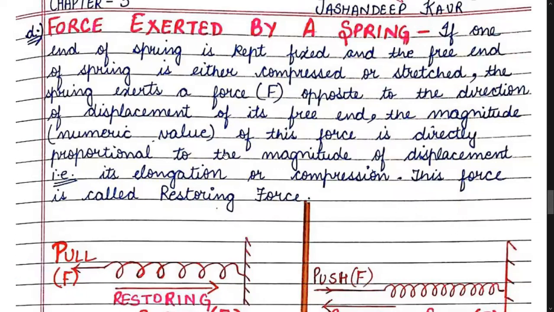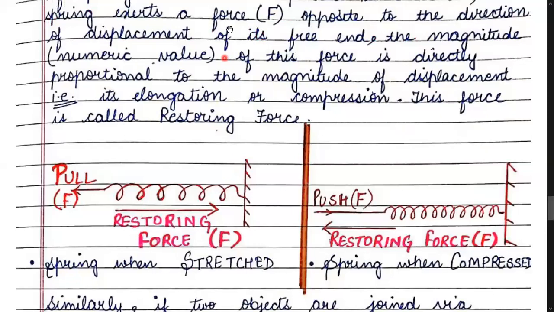The first diagram shows you the stretching of the spring. If you pull the spring towards yourself, you can expand the spring, which is known as stretching a spring. Similarly, when you apply force and push the spring inward, you are compressing the spring.